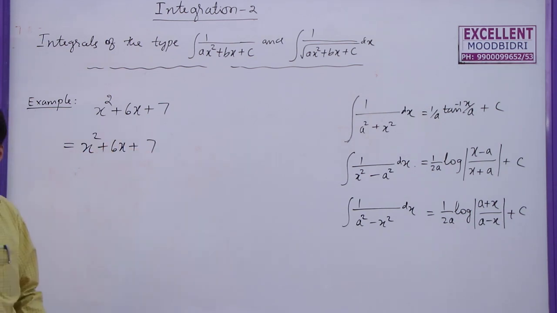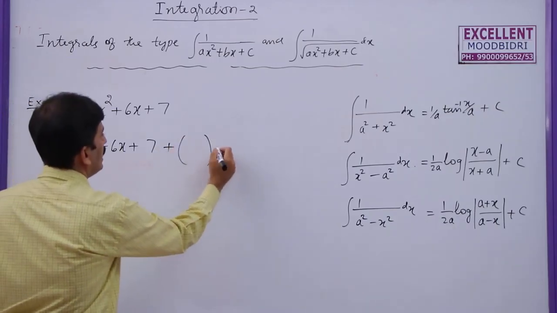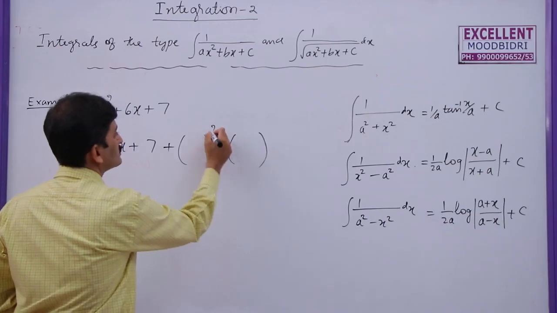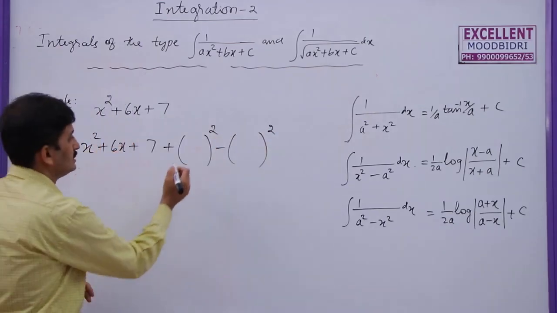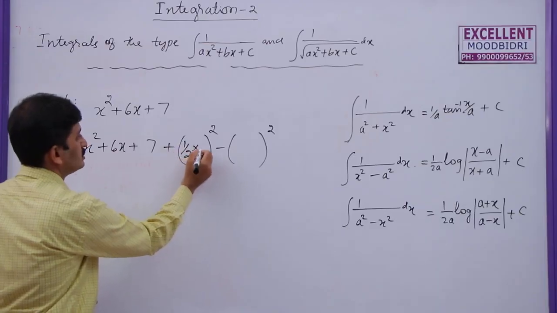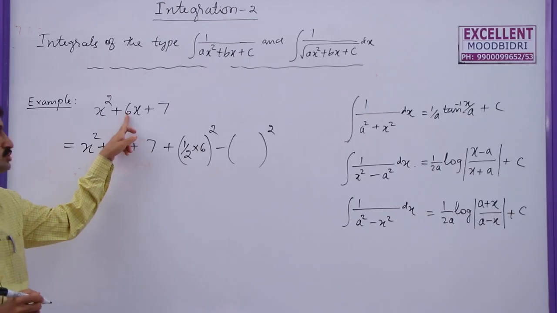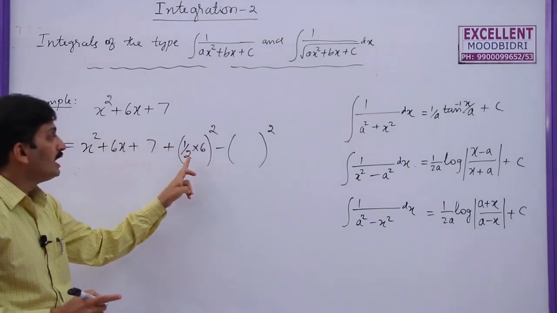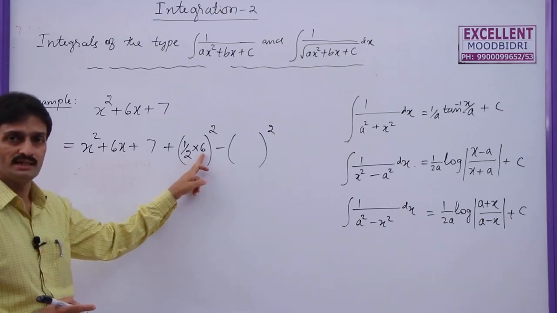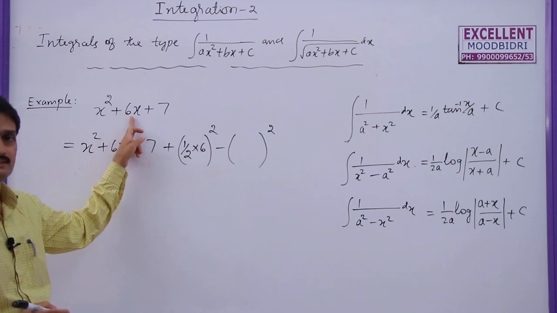You have to add and subtract the square of half of the coefficient of x. So here what is the coefficient of x? 6. So you should add and subtract the square of half of the coefficient of x. Half of 6 is 3, right?